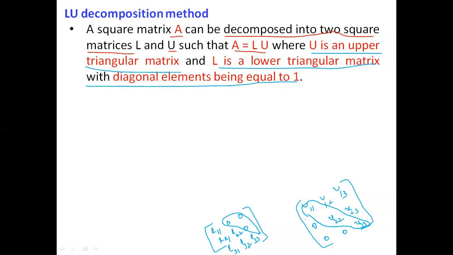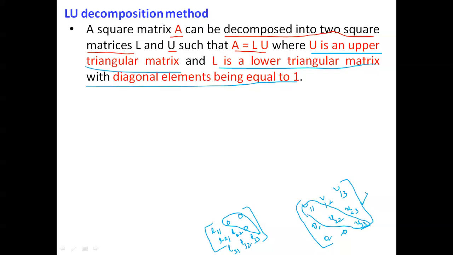In an upper triangular matrix, the elements below the diagonal are all equal to 0.